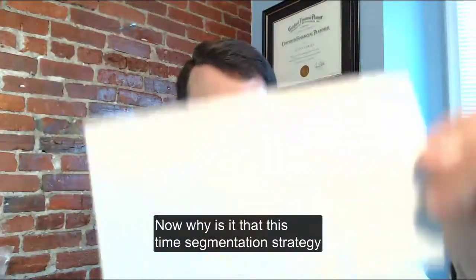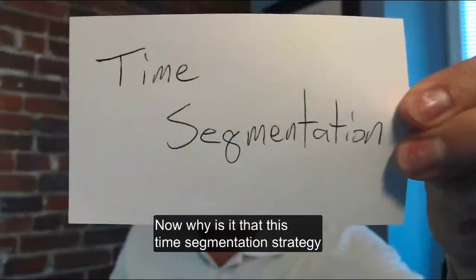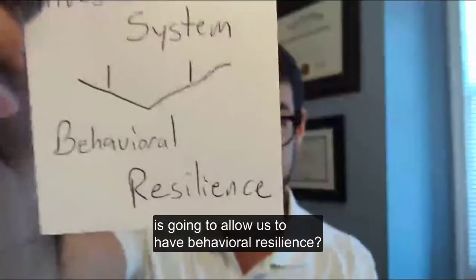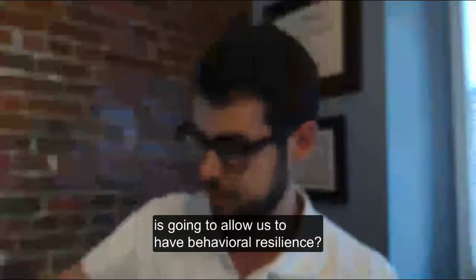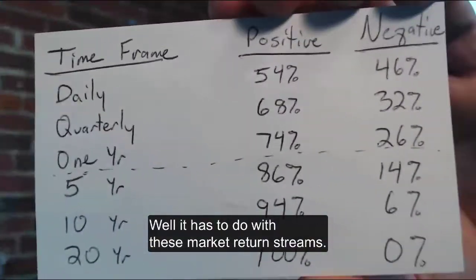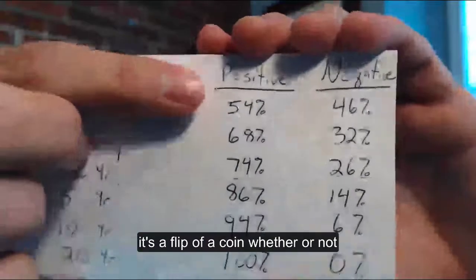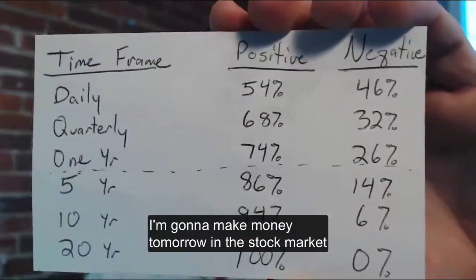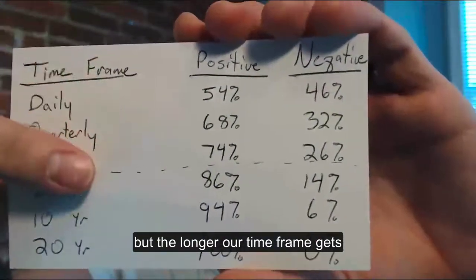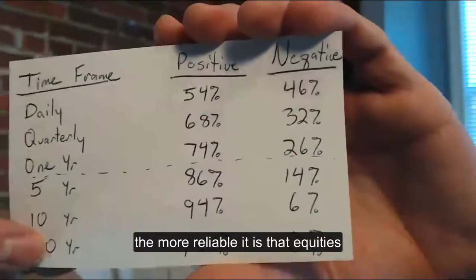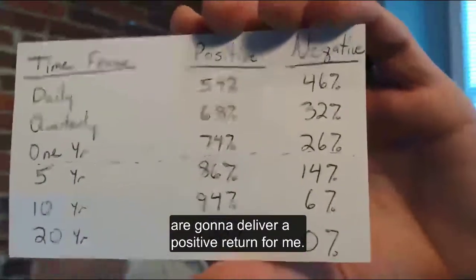Now, why is it that this time segmentation strategy is going to allow us to have behavioral resilience? Well, it has to do with these market return streams. So look at this. Daily return, it's the flip of a coin whether or not I'm going to make money tomorrow in the stock market. But the longer our time frame gets, the more reliable it is that equities are going to deliver a positive return for me.